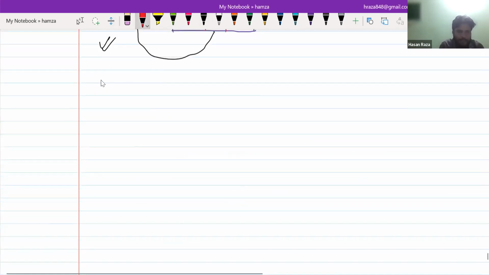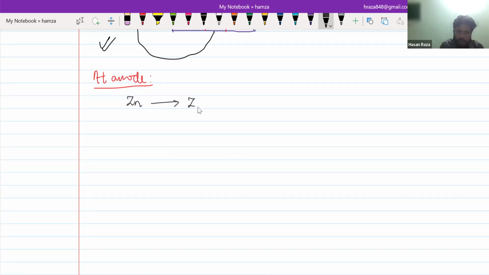Now see, we have different types of reaction. At anode, we know that there will be oxidation. So zinc will be converted into Zn2+ plus 2 electrons. Again, we can see there is oxidation at anode.